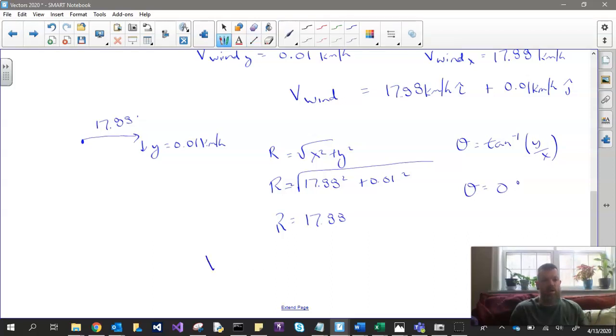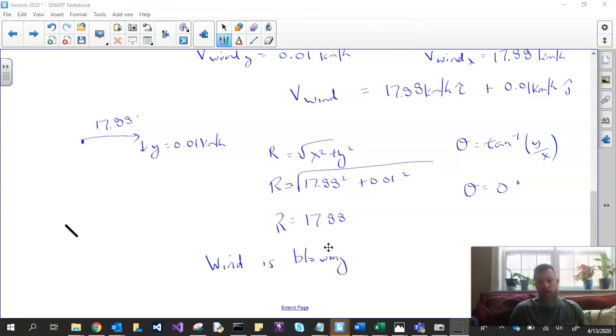So the wind is, and we work so often in meters per second, that we always think our answer should be meters per second. But remember, we left this in kilometers per hour, so the wind is blowing 17.88 kilometers per hour east. So that's how you do those questions.